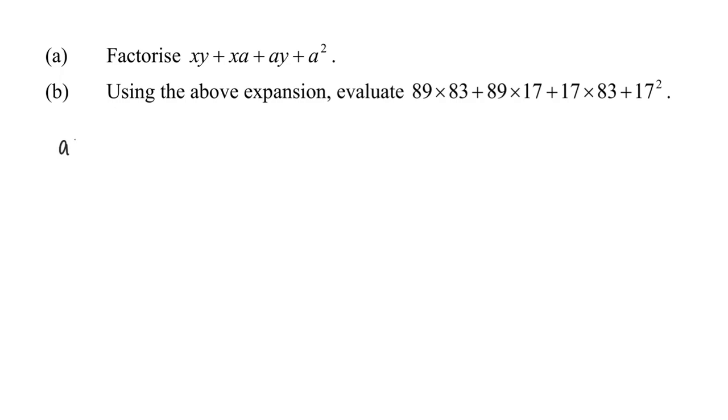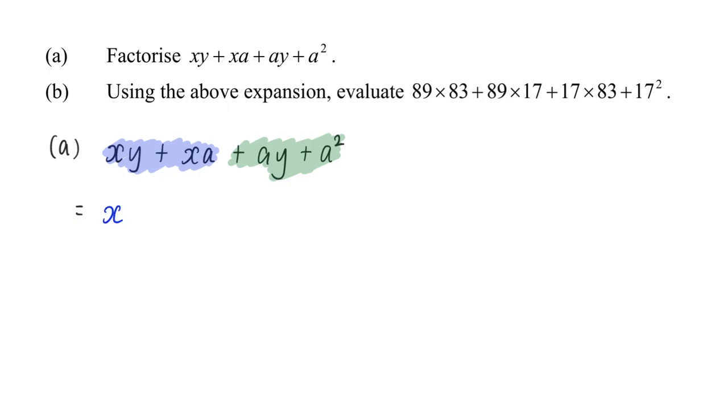So for part A, when we want to factorize this particular expression here, step 1, of course, I see 4 terms. I'm going to factorize by grouping. So I will see that the common factor is x.